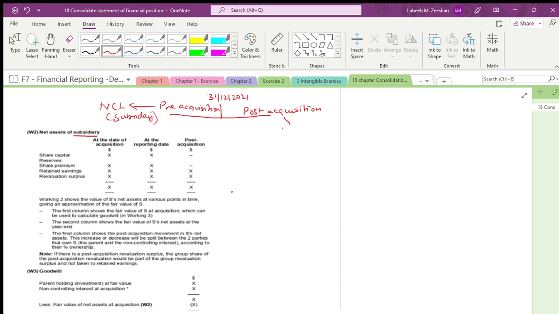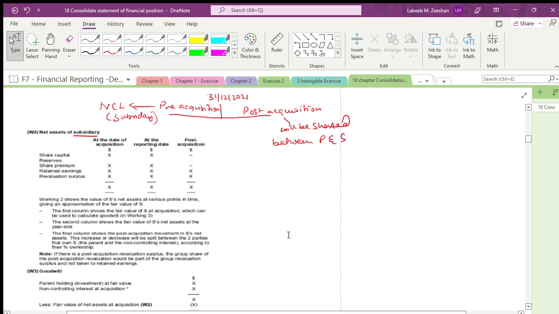Post-acquisition profits will be shared between parent and subsidiary. That is the most important thing we should take into consideration.